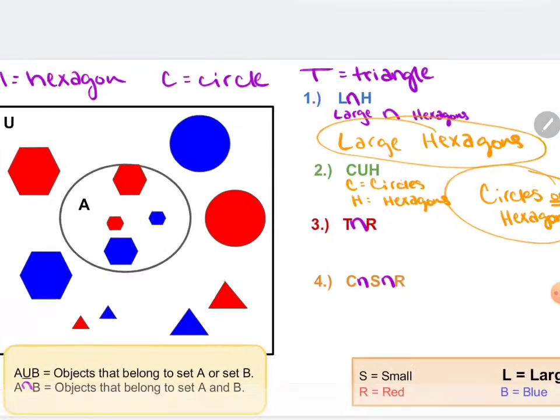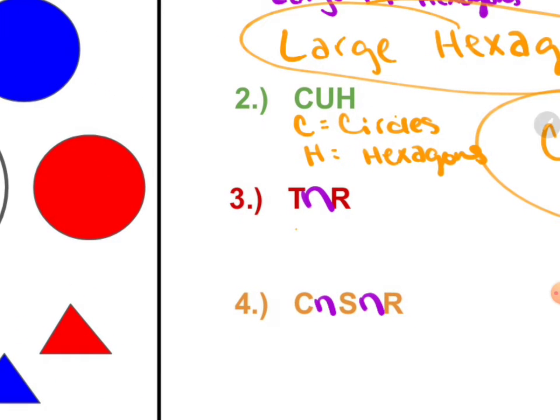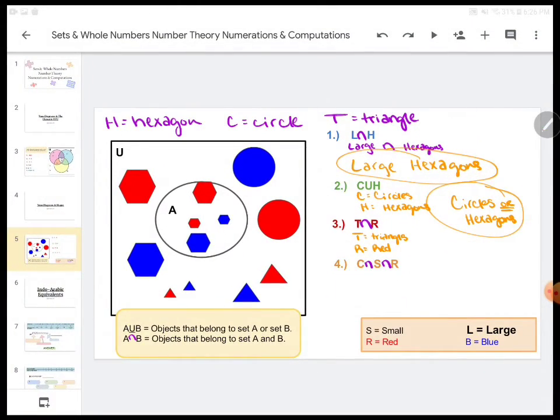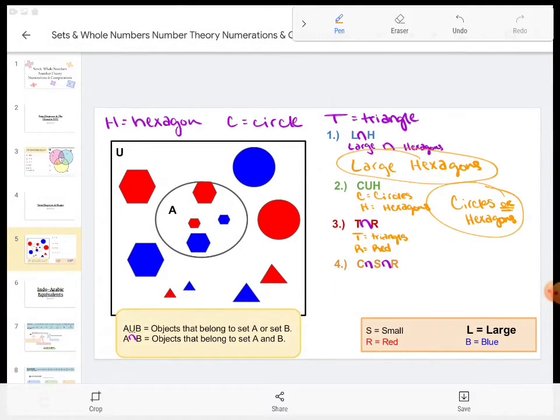For our next one, we know that T is going to be triangles and R is going to be red. We know that our intersection symbol represents objects that belong to T and R, or triangles and red.